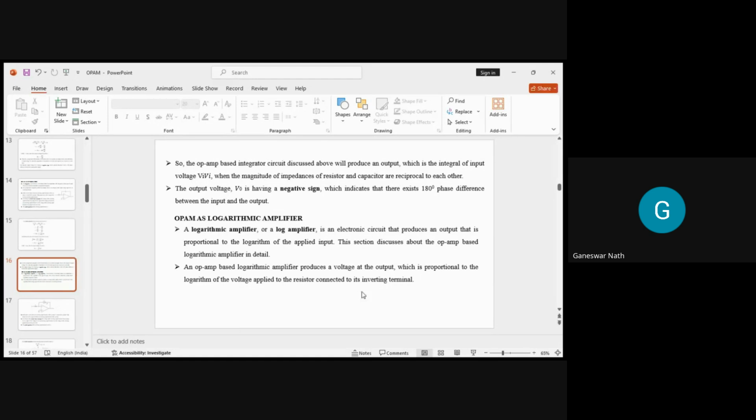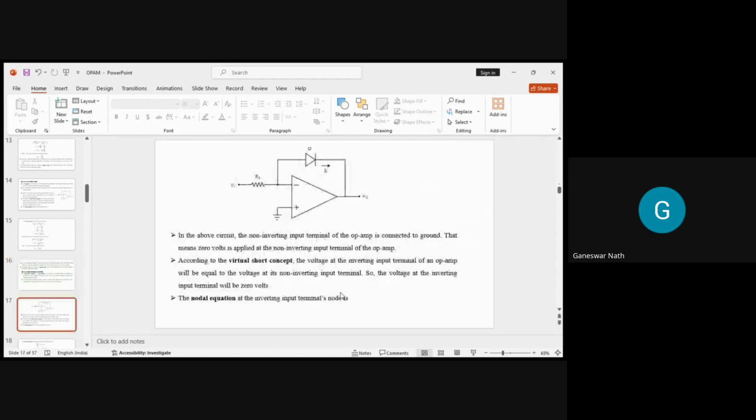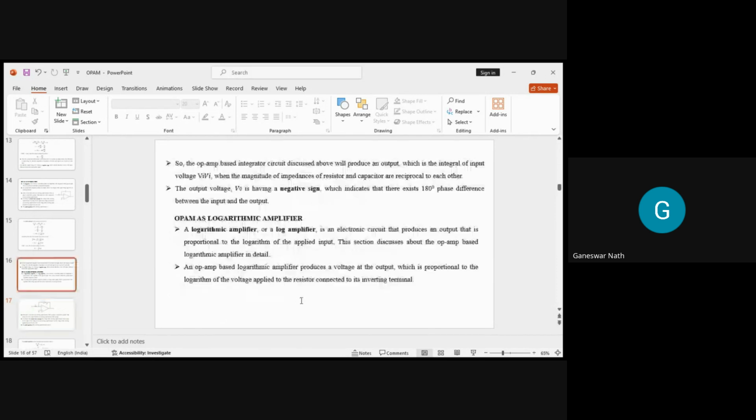Okay, you can also observe here. This is called an op-amp logarithmic amplifier.